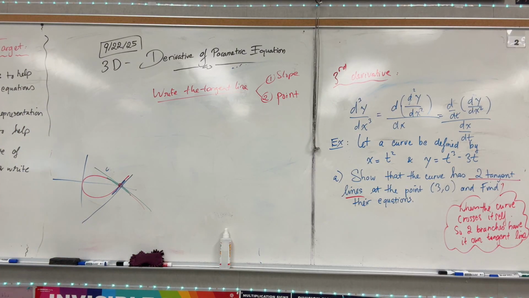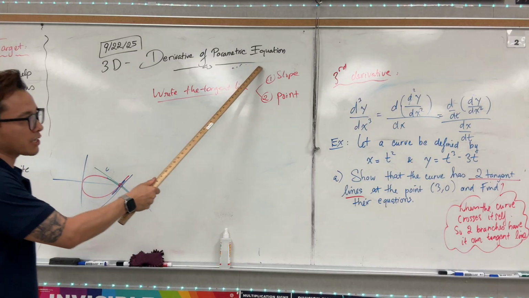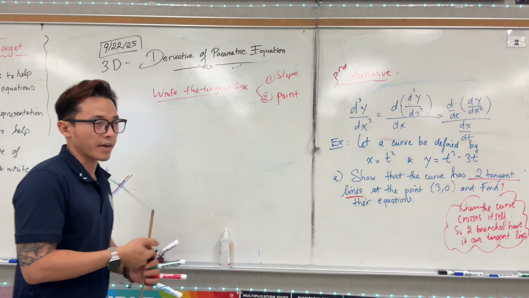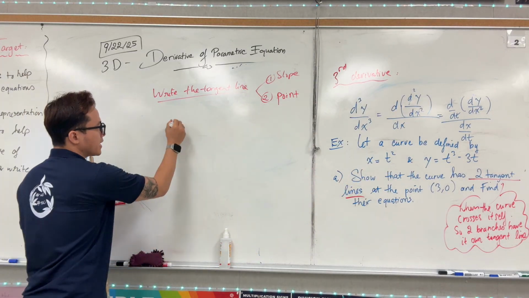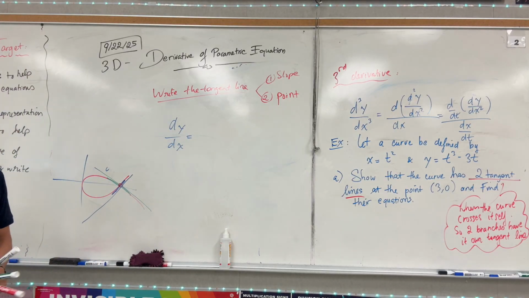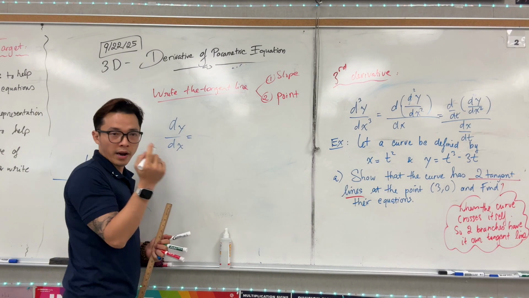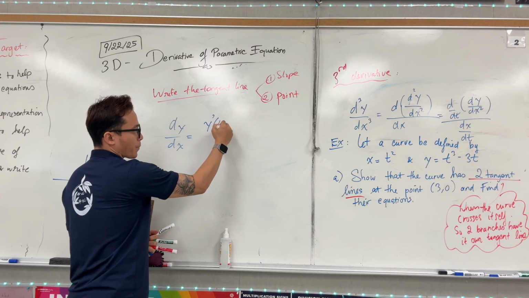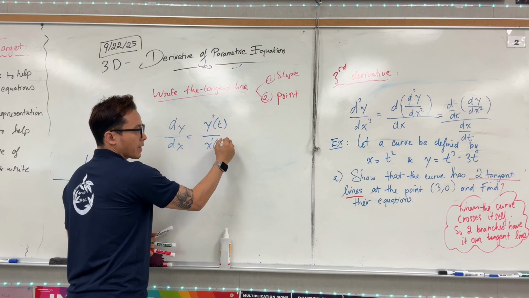So that's why I introduced to you the derivative of a parametric equation, because that's what we're going to do today. How do we find dy over dx? That's the slope of the tangent. How do we find it? The one that we just wrote a note on is y prime of t over x prime of t, right?